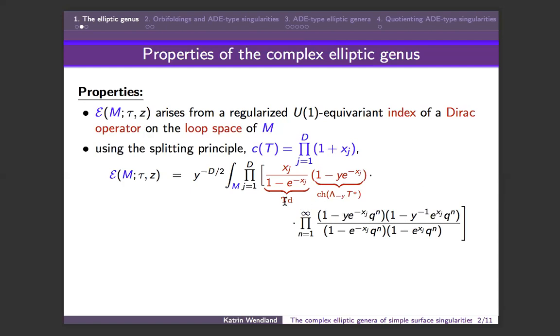So you might remember the Hirzebruch chi-y genus with the so-called top class of M and the Chern character of this virtual bundle, which you may recognize from the first transparency. And then to do the calculation, actually you need these expressions, which are viewed as a formal power series in x_j. So you should expand this expression here with respect to x_j.